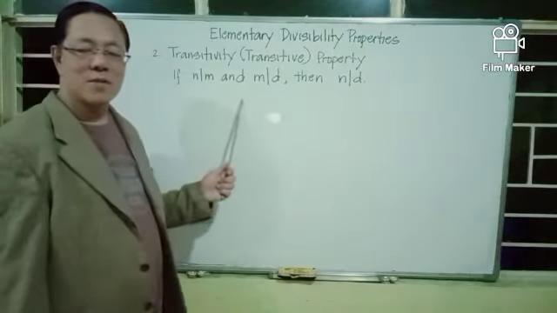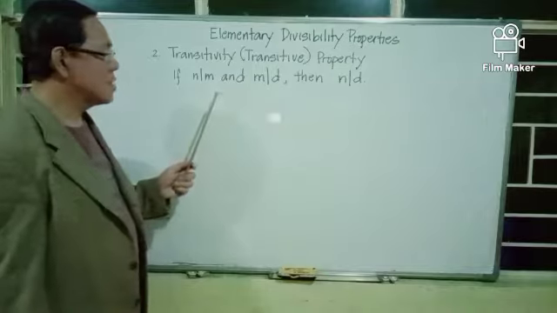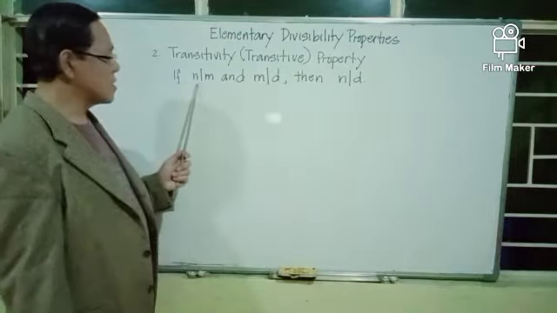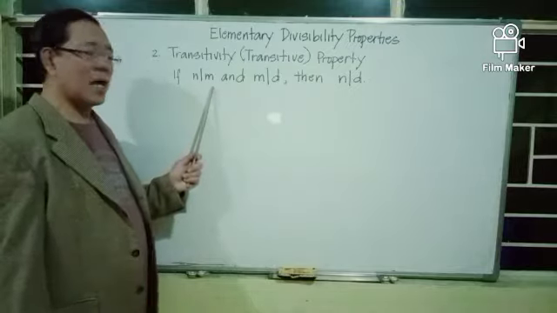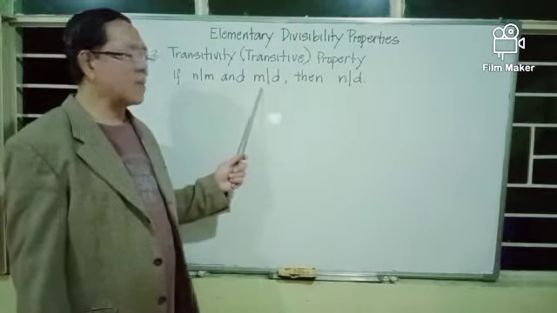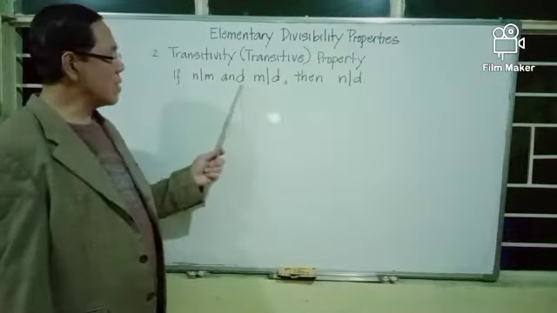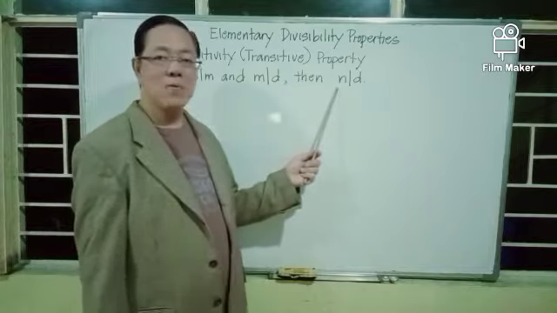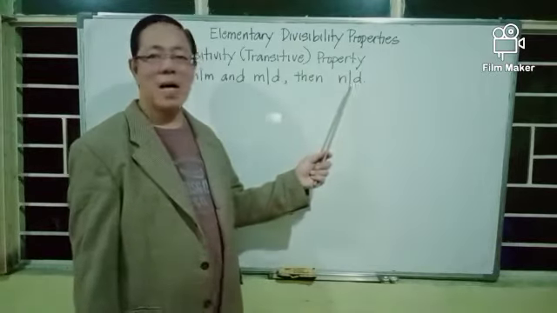In this transitive property, there are two givens in the premise. The first given is that n divides m. The second given is that m divides d. And we will use both of these givens to prove that n divides d.